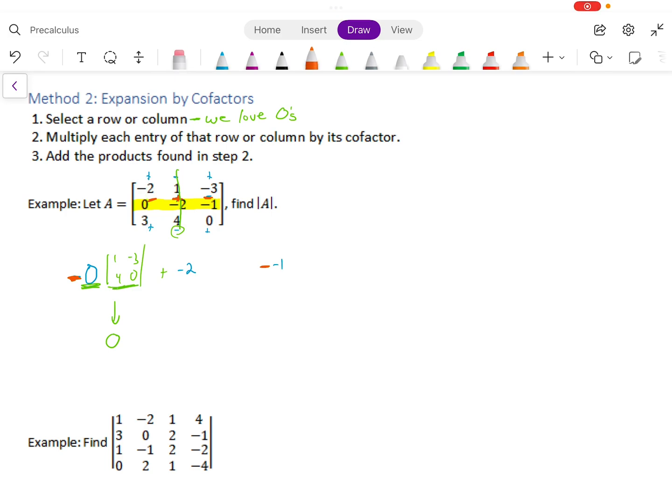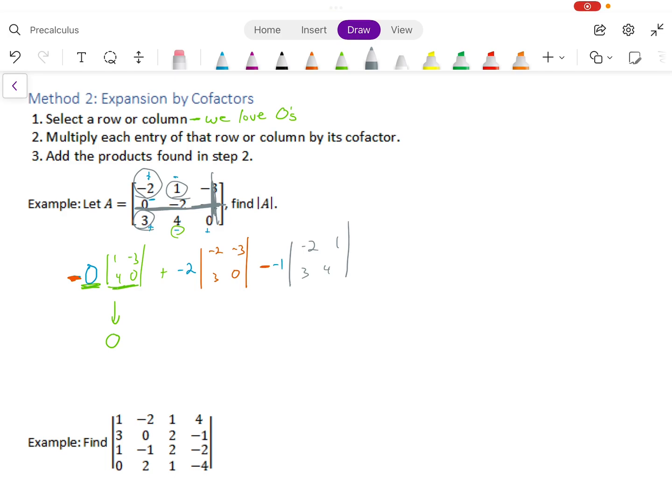So we cross out the row and column, and we have -2, -3, 3, and 0. And then we do the last one, where we cross out the row and column, and we are left with -2, 1, 3, and 4.